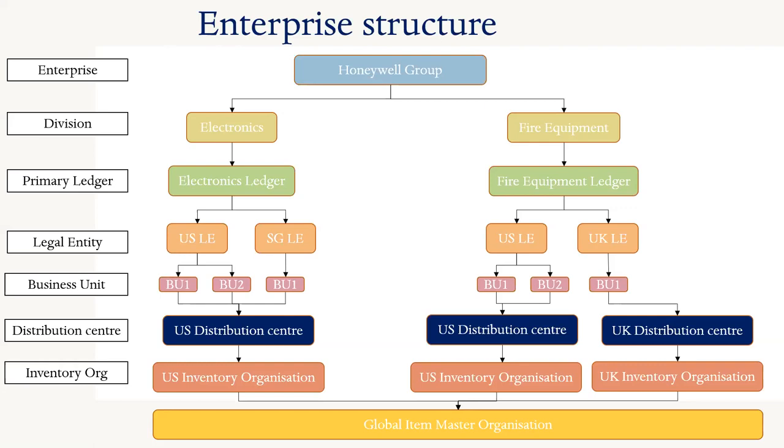The reason is that the item master is only a virtual item master or virtual inventory organization, whereas we don't have any physical reference for this particular item master organization. So that is the reason we have this as global. This is optional. If we want to have one item master for each inventory organization, we can have it, but we have this privilege of having it as global. So this is all about the enterprise structure.